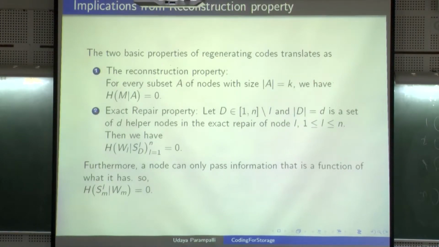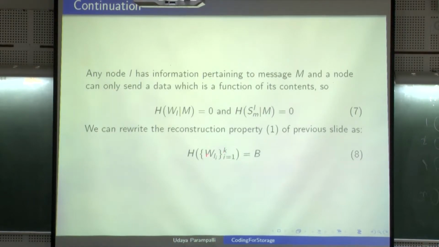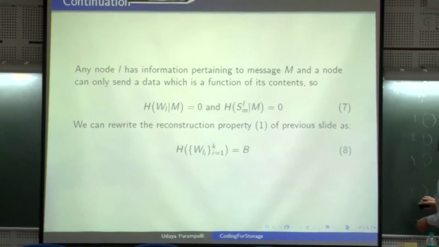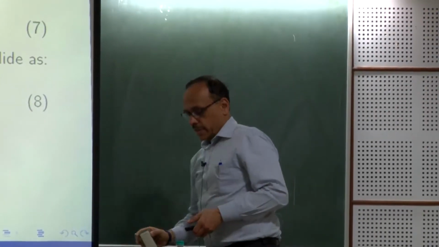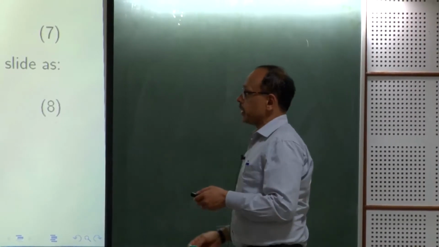This is straightforward. Now we can write the reconstruction property, property 1 of the previous slide, that H of M given the set of variables Wi for i equal to 1 to k is 0. I could also write this particular expression. I was not lazy to write one more slide like this, with the notation that we have done.